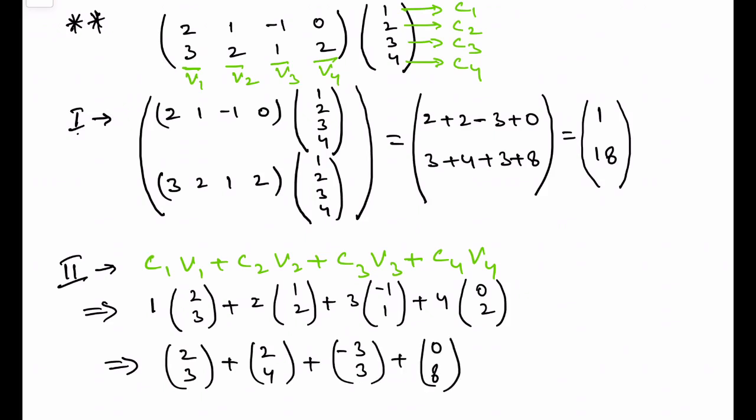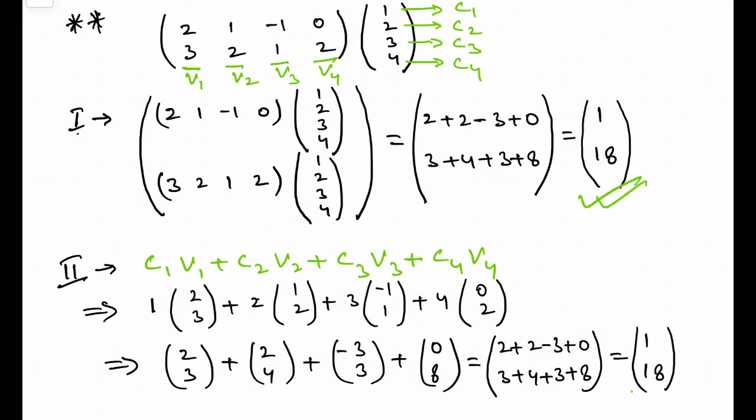Now add corresponding terms and we will get 2 plus 2 minus 3 plus 0, and 3 plus 4 plus 3 plus 8, and we will get 1 and 18 again. So in both cases we got the same result.